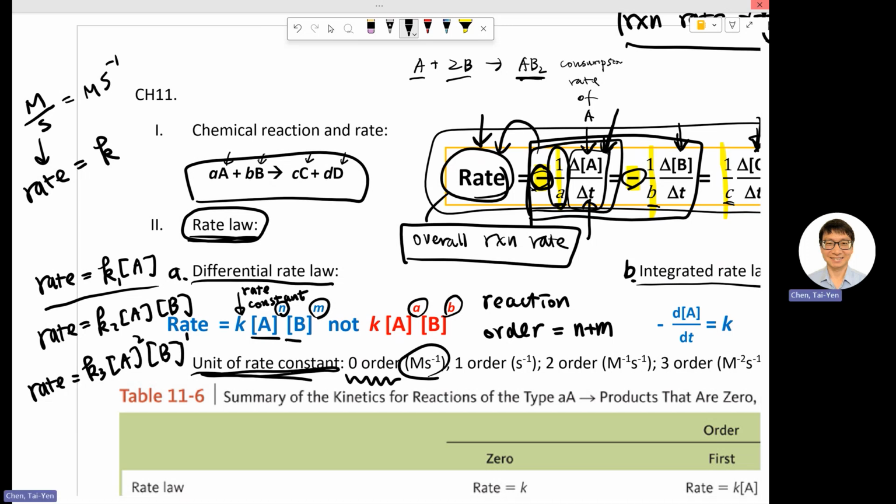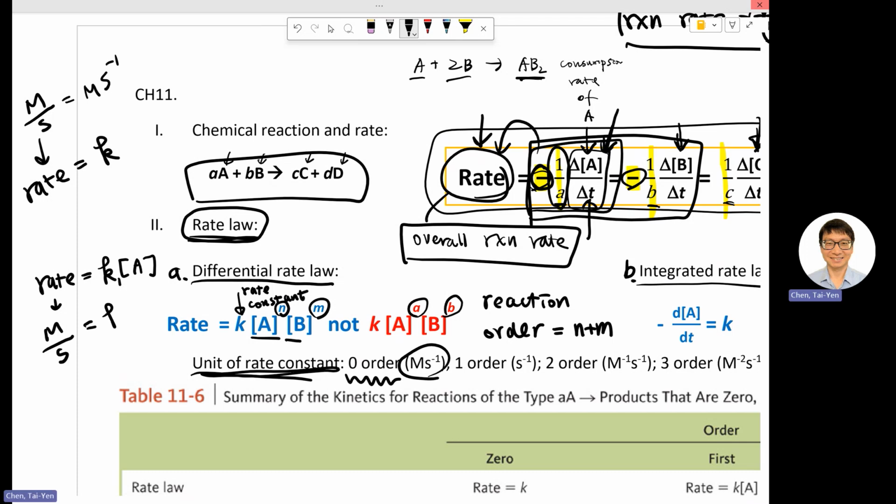How about the first order? We know if it's first order, this will be the equation you're going to use: rate is equal to your rate constant k multiplied by the concentration of A raised to the first power. Your rate still has the unit molarity per second.